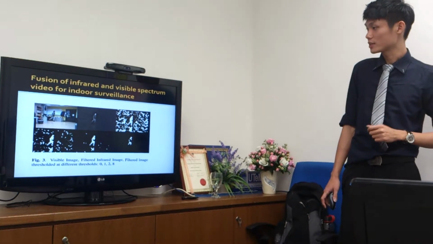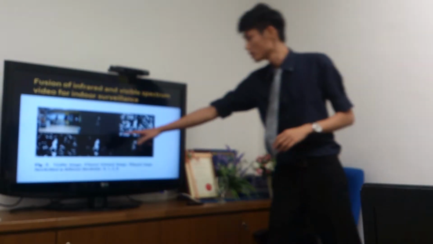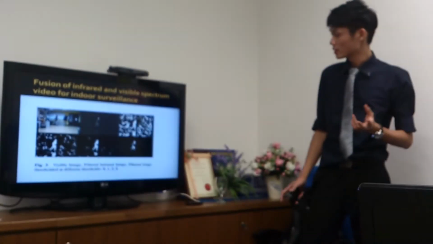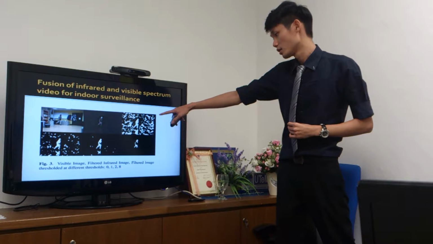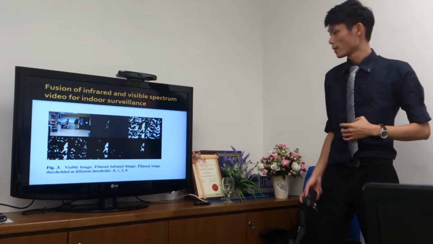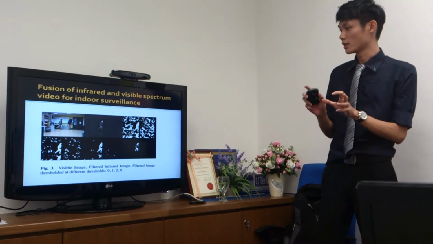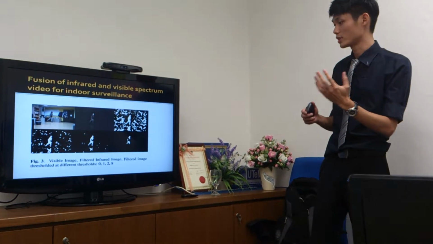You can see from here, that's the normal picture. After they did the image processing, they got this one, which is filtered infrared and thresholded with different thresholds. So they did different tests on whether it can capture the image of the intruders.